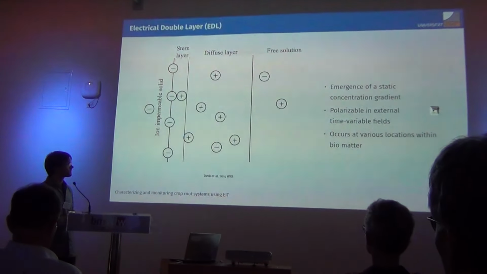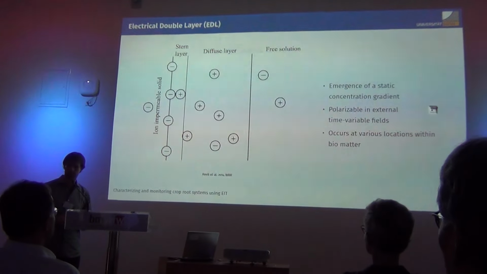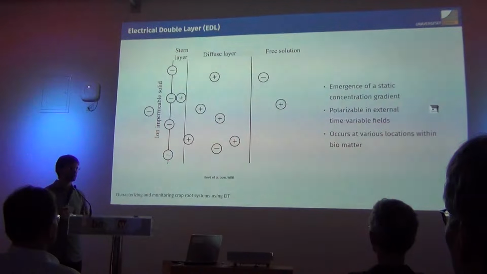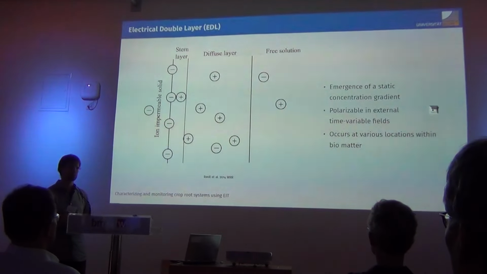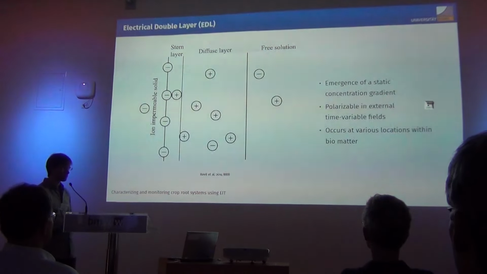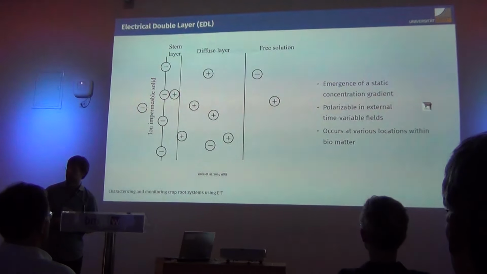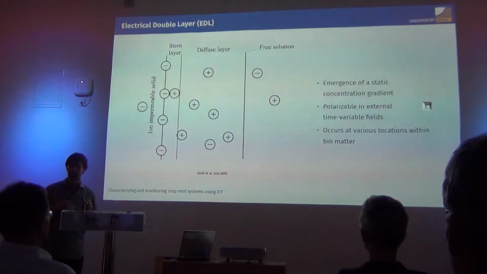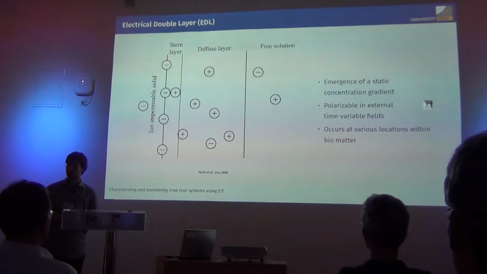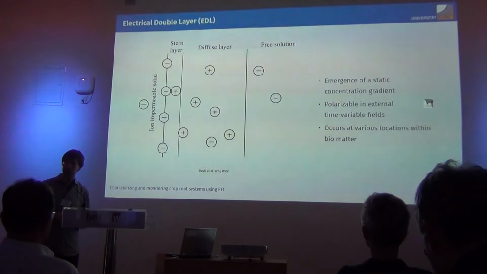These electrical double layers can be polarized in external electrical fields, and this polarization we can then measure in terms of phase or imaginary parts. And usually when we talk about electrical double layers, we talk about electrical double layers forming at the grain surface in contact with the surrounding fluid, if we talk about soil or subsurface measurements.